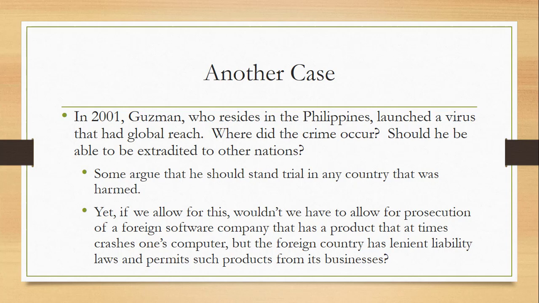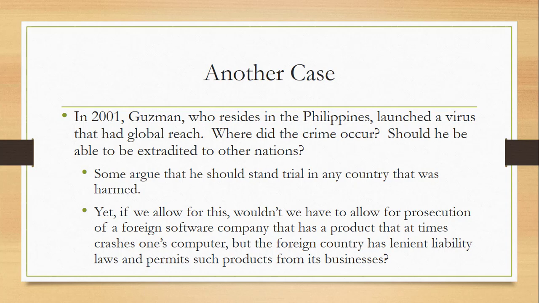Okay, so here's another situation. In 2001, Guzman, this is a real life case, who resided in the Philippines, launched a virus. It was a nasty virus that had global reach, extending to lots of different government agencies as well as large corporations across the globe. We can ask these questions: Where did the crime occur?